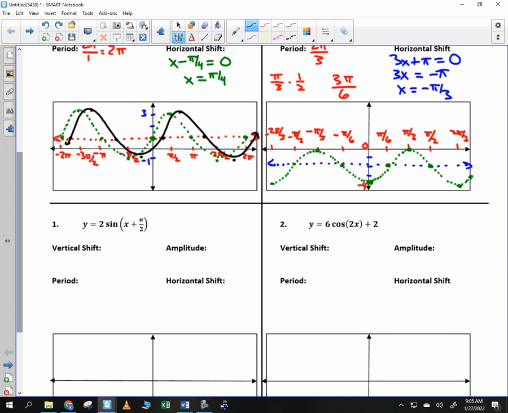So like this point here moves 1, 2 tick marks back. This point here moves 1, 2 tick marks back. This point, 1, 2.